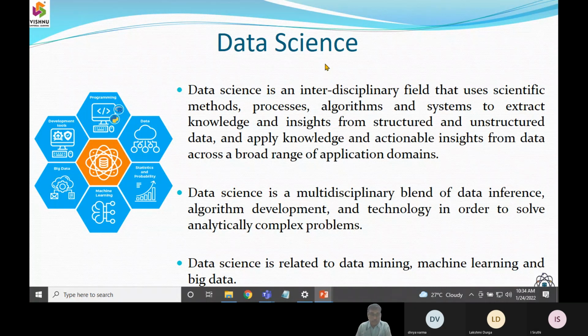That was the only intention: to apply across various domains to extract the knowledge and quick insights from the data. So when it comes to the definition, data science is mostly related to data mining, machine learning algorithms, and big data.